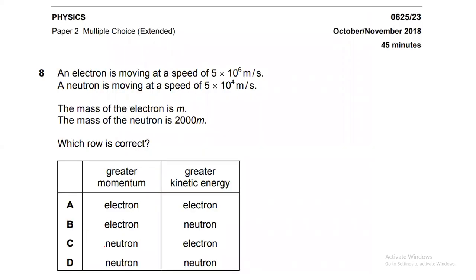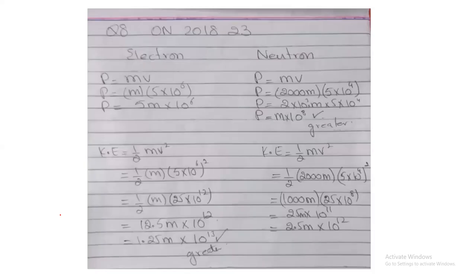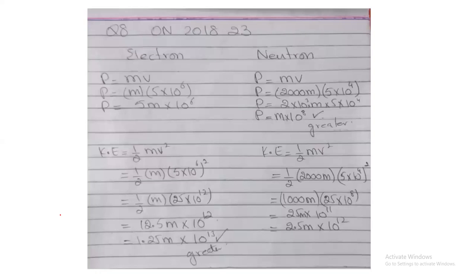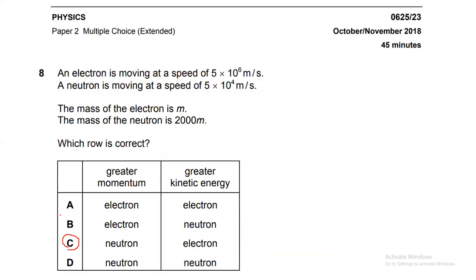Neutron. The greater momentum will be neutron, and the greater kinetic energy will be electron. So I think C is the option. Question number 8. It's a very tricky question. Question number 8, C is the right option. A very tricky calculation.